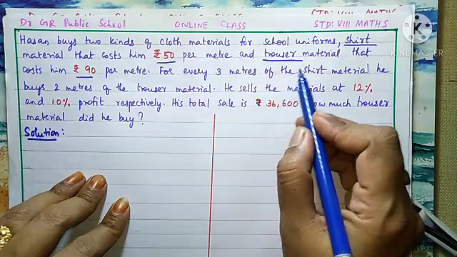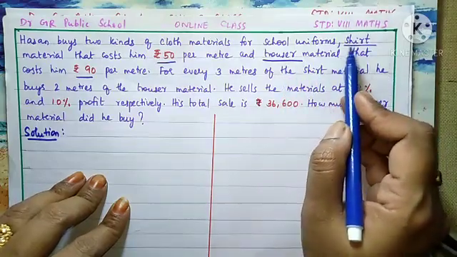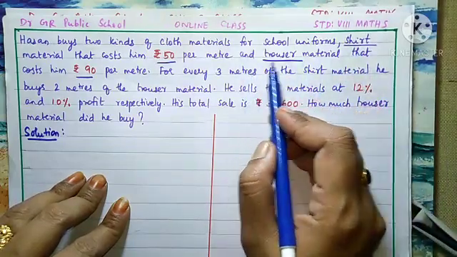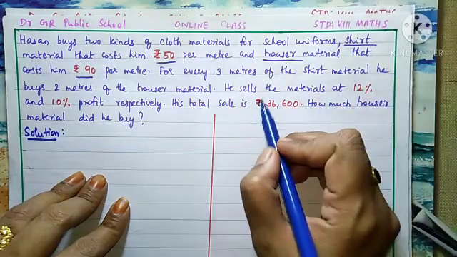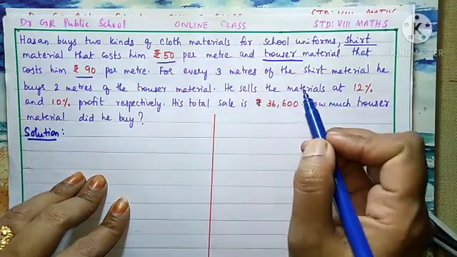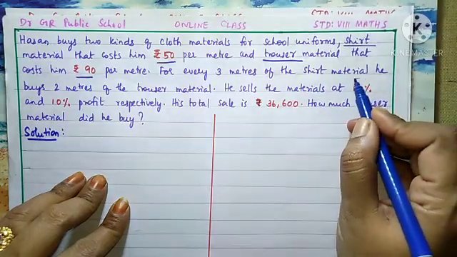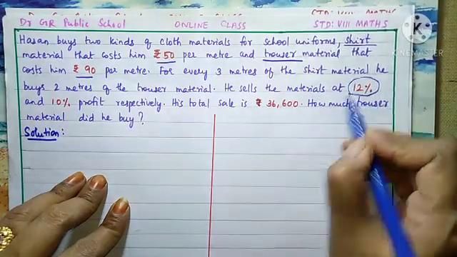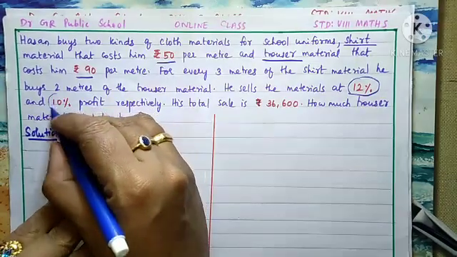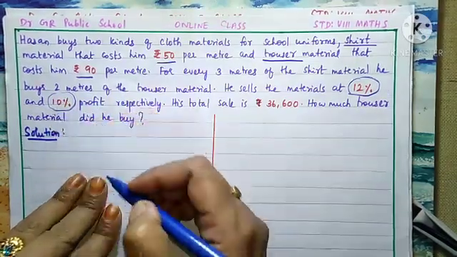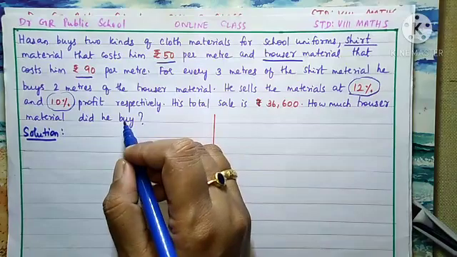I told you the first mentioned item is shirt and the second one is trouser material. So when he sells this material after stitching the uniform, he is getting 12% profit for shirt material and 10% profit for trouser material.